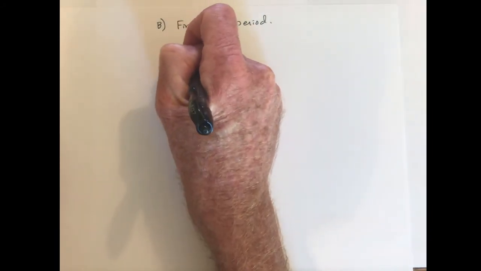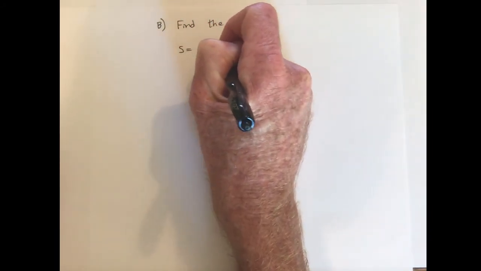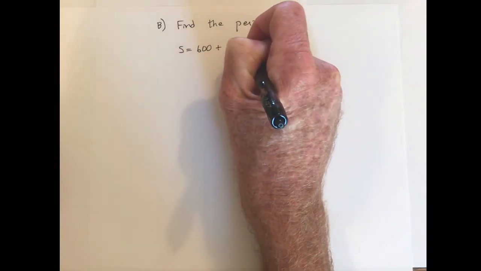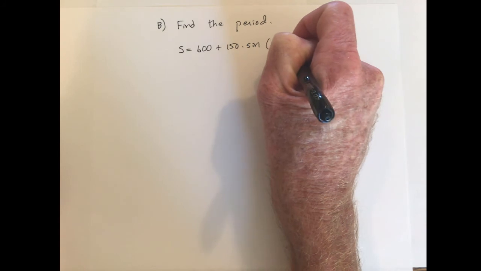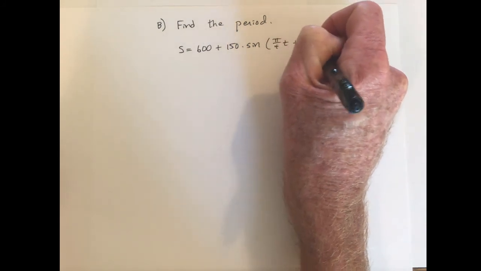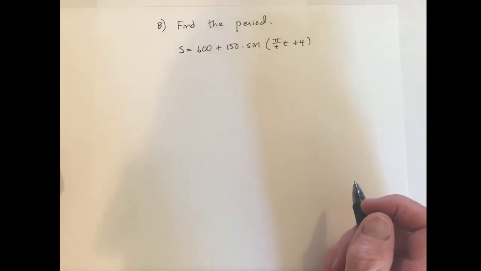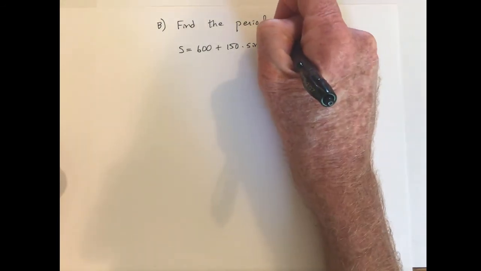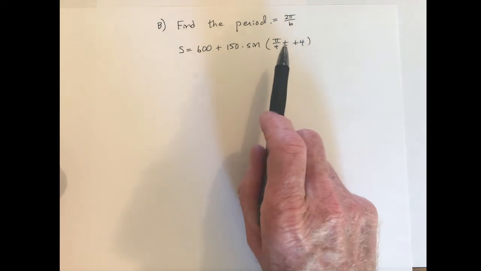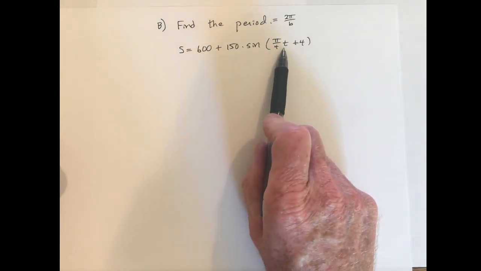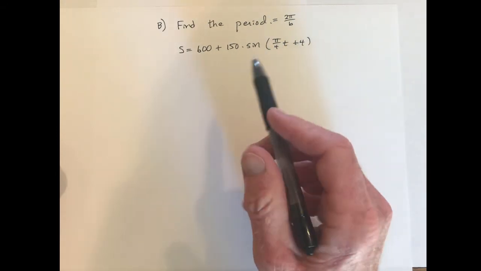So the function was sales equals 600 plus 150 sine pi over 4t plus 4. So period comes from the formula 2 pi divided by b. And then the b is the number sitting in front of t, although I should factor it first of all.